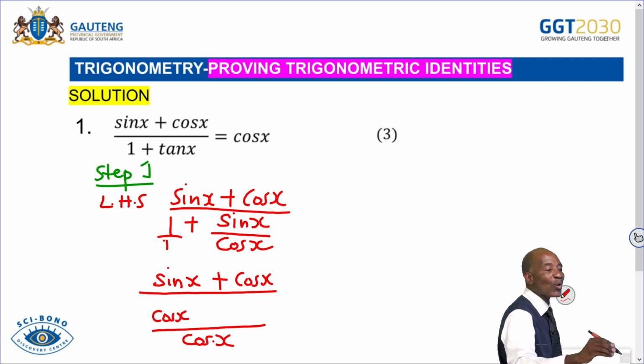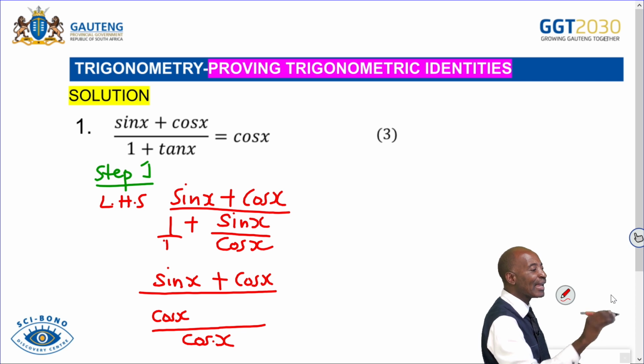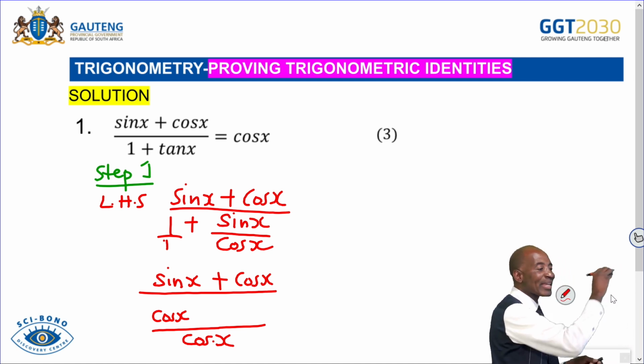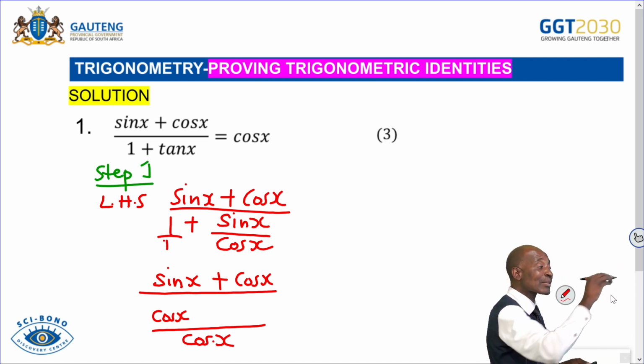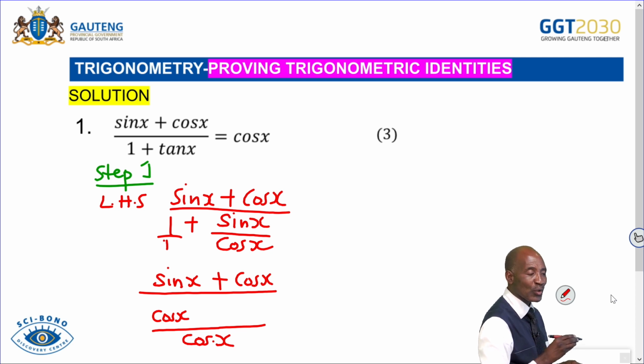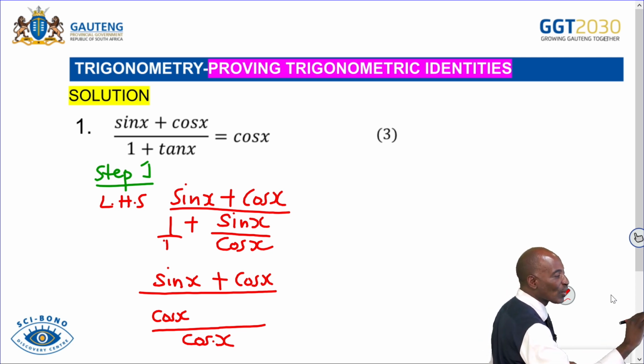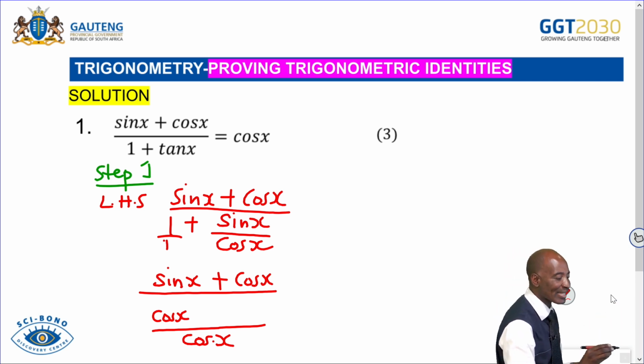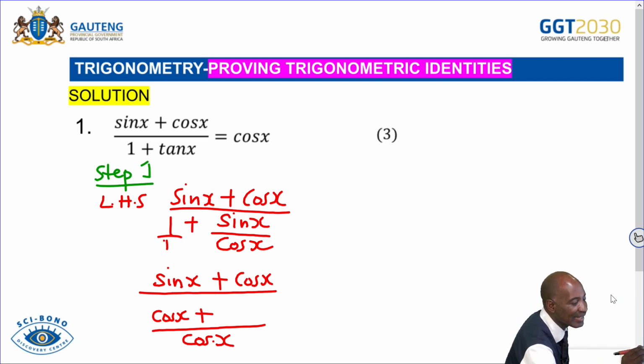Some people use what we call the butterfly method when they get there. As long as you got the denominator via multiplication, 1 times cos is cos. From there you can use the butterfly, but you must be careful with it. You take the lower denominator, which is cos, multiply by the top 1, and that gives you cos x. Added to that, 1 times sine is sine x.